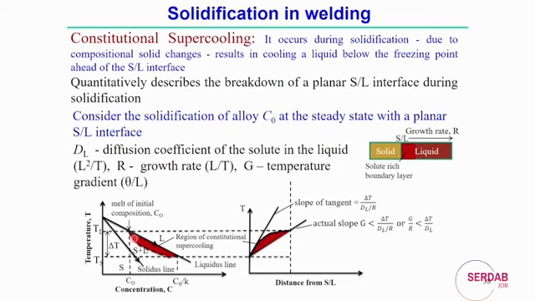That constitutional supercooling is marked by the red color, and the temperature difference in this case is delta T, represented on the temperature axis between TL and TS, the amount of temperature decrement with respect to the initial composition.